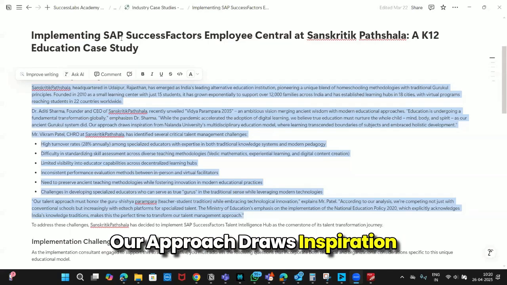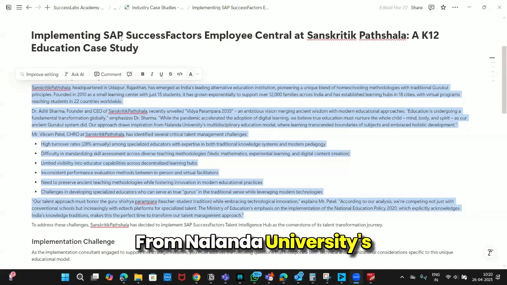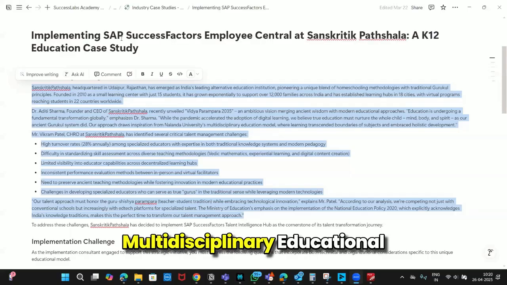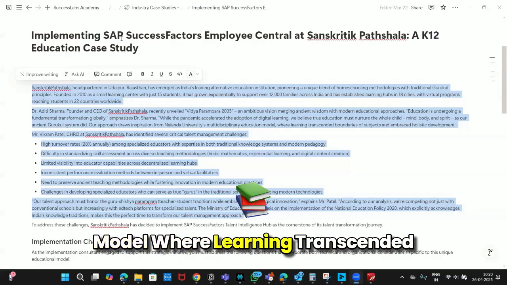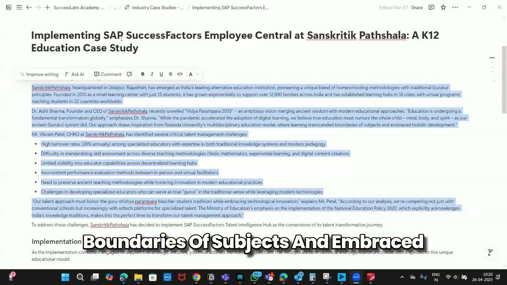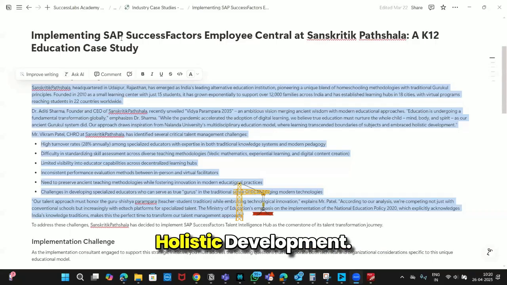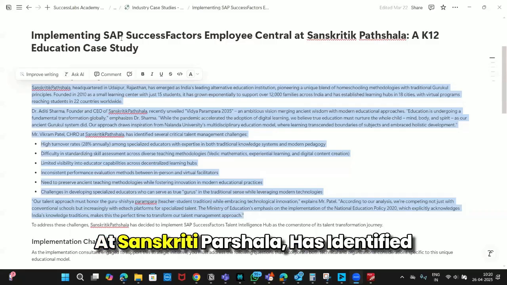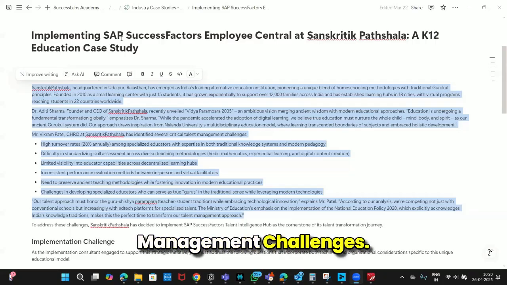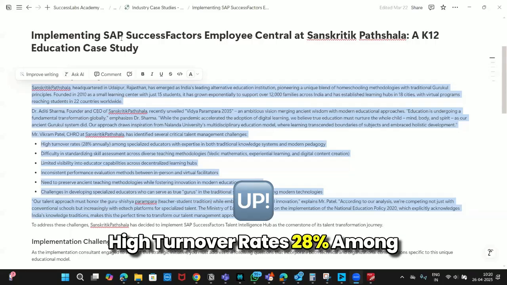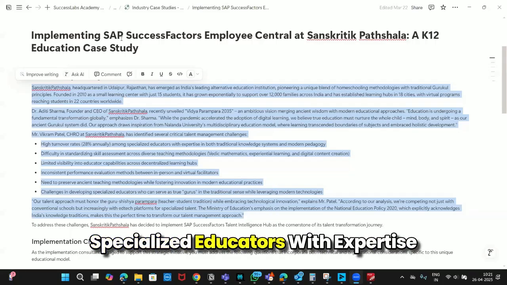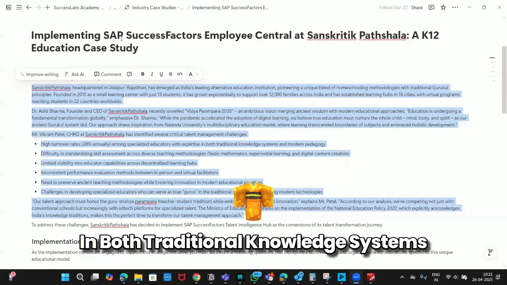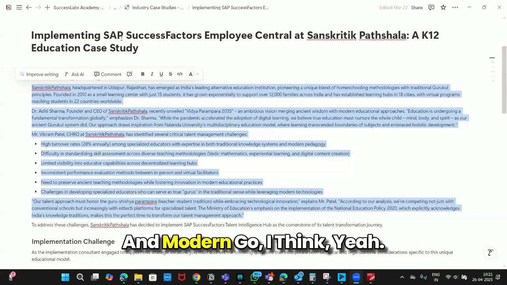Our approach draws inspiration from Nalanda University's multidisciplinary educational model, where learning transcended boundaries of subjects and embraced holistic development. Mr. Vikram Patel, CHRO at Sanskriti Pathshala, has identified several critical talent management challenges. High turnover rates, 28% among specialized educators with expertise in both traditional knowledge systems and modern pedagogy.